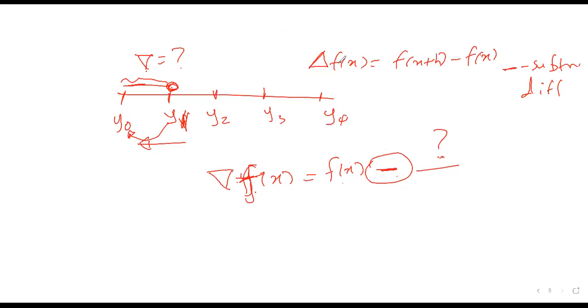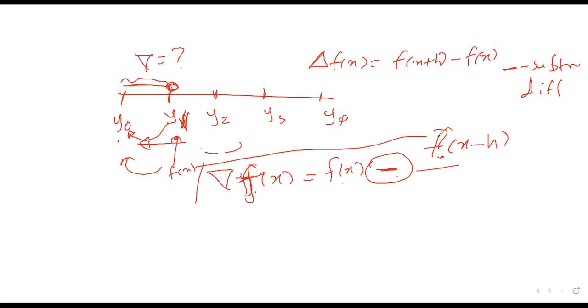Check your answers, okay? So in here, since it is backward, you have to use f of x minus h, the point here. So here only now I put my f of x. So I need to go this side.